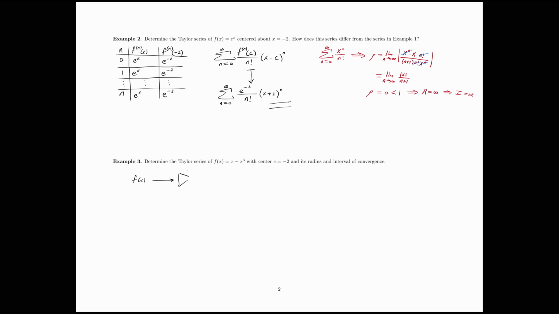This is my schematic for the Taylor series machine. So we input a function into this machine that spits out the Taylor series. Then we get the Taylor series for f of x.